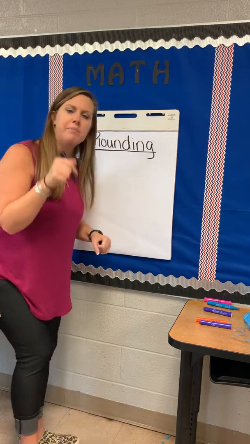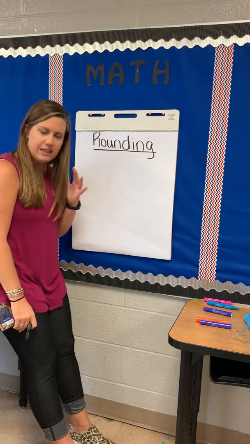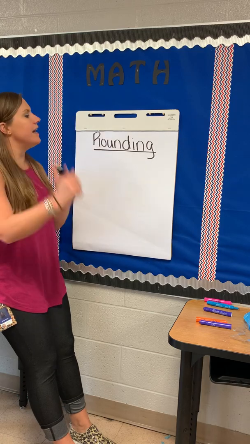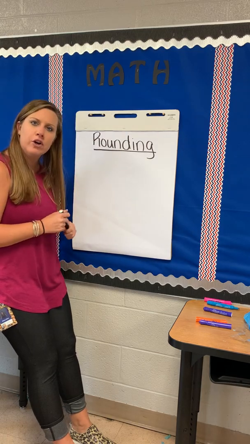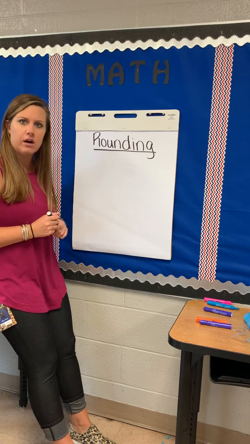If we were in person in class, we would have made an anchor chart. At the beginning of talking about rounding, we would say our little phrase over and over and over. So I want you guys to do that today, all right?